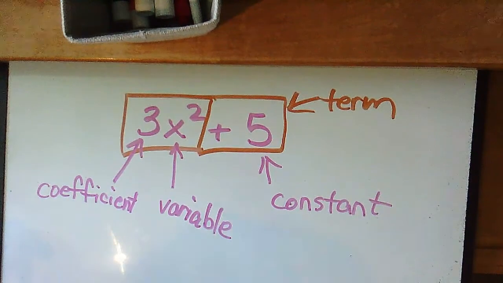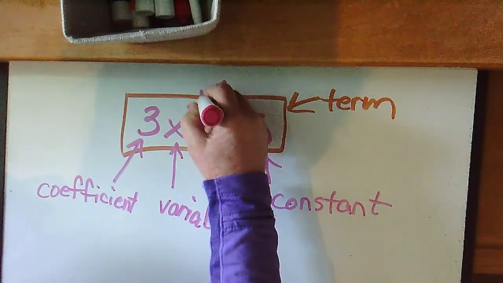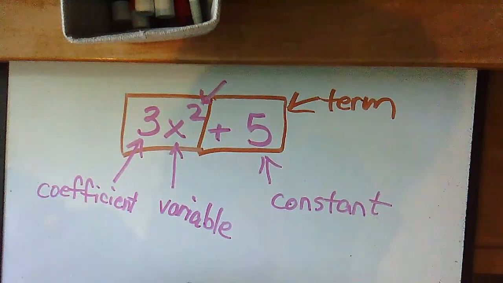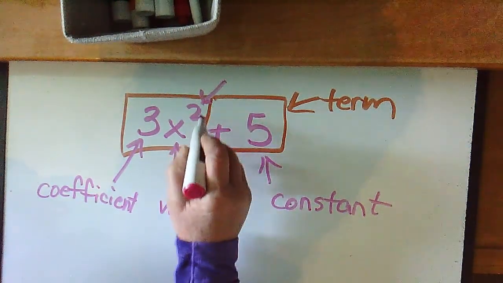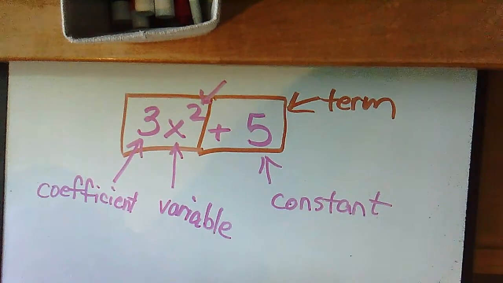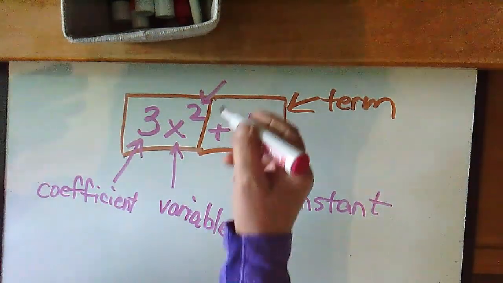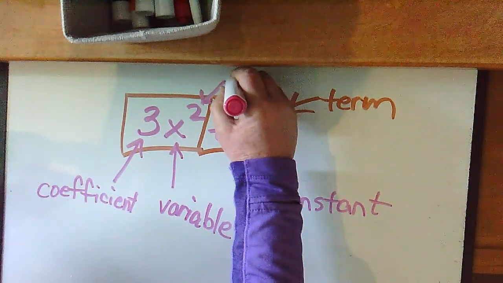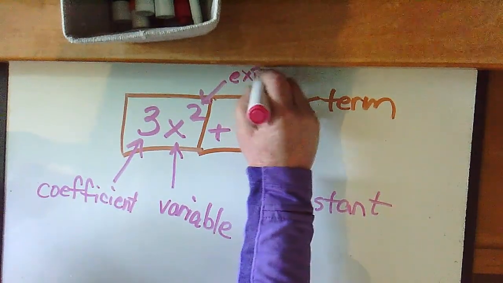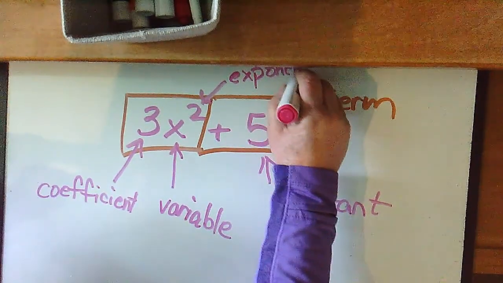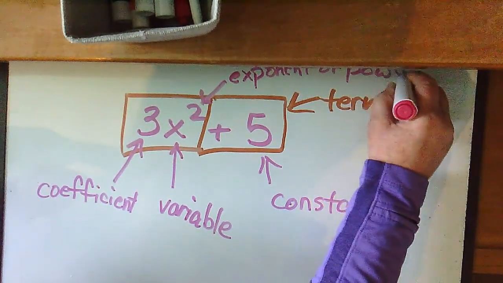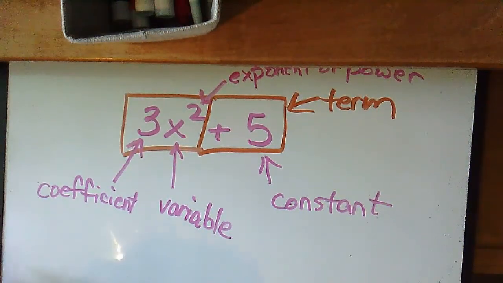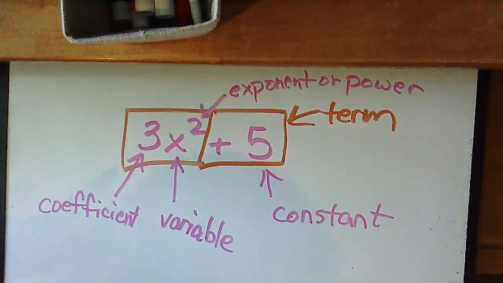And last but not least, something we've been learning about for the past several days, the little number written up in the upper right-hand corner of a number or a variable, usually a variable, is called an exponent or power.